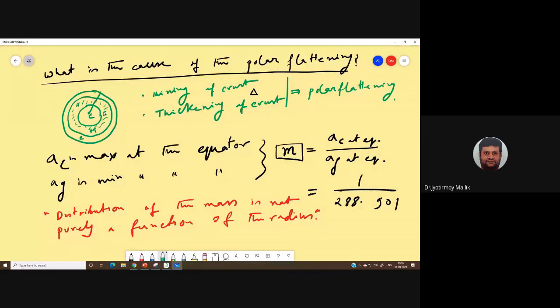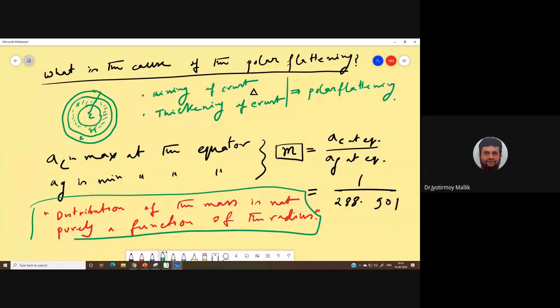So all these things lead to the inference that the distribution of mass is rather non-uniform in the Earth. And that will provide us some very straightforward ways of using the gravity technique for our own purposes.